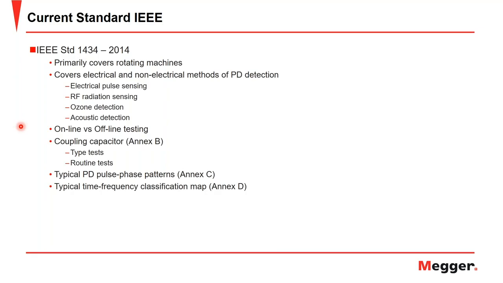It has good coverage of online versus offline testing, and also covers the coupling capacitor within Annex B, covering type tests and routine tests. There are some neat typical PD pulse phased, or PRPD, patterns that can be seen in Annex C, as well as typical time-frequency classification maps seen in Annex D.